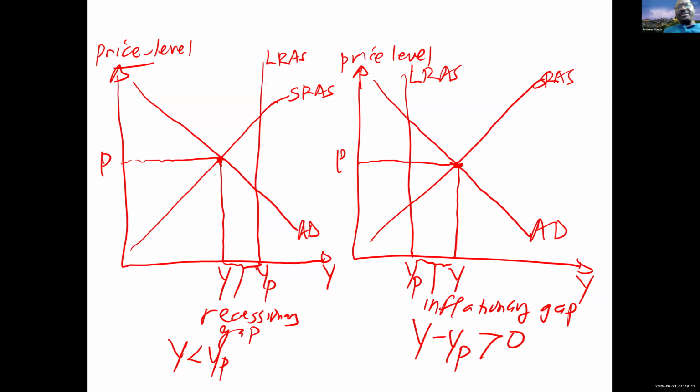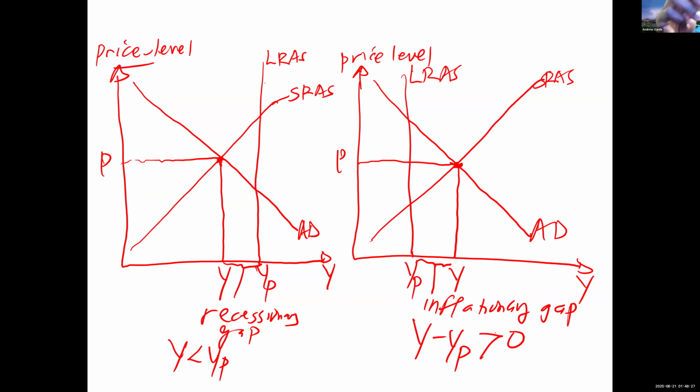Now what we're going to talk about next are the issues. How do we close these gaps? Because as I said, no economists want us to be in a recession, and no economists want us to be in an inflationary gap because prices will be rising on us.